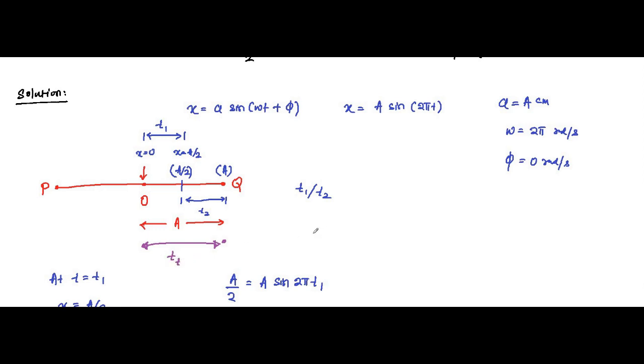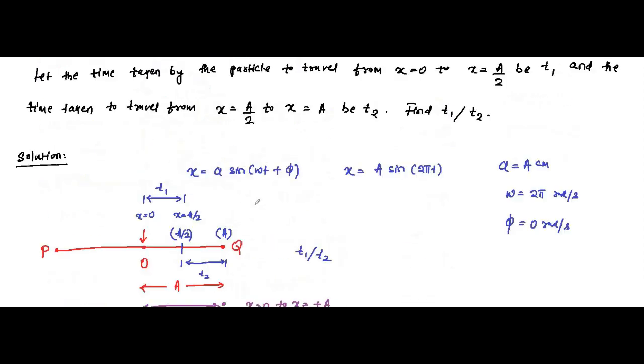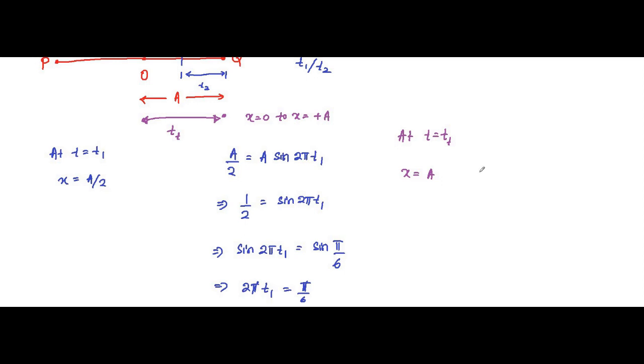That is the total time to travel from x is equal to 0 to x is equal to plus A. If we make the substitutions, at t is equal to t subscript t, x is equal to A. So A is equal to A sine 2 pi t subscript t.